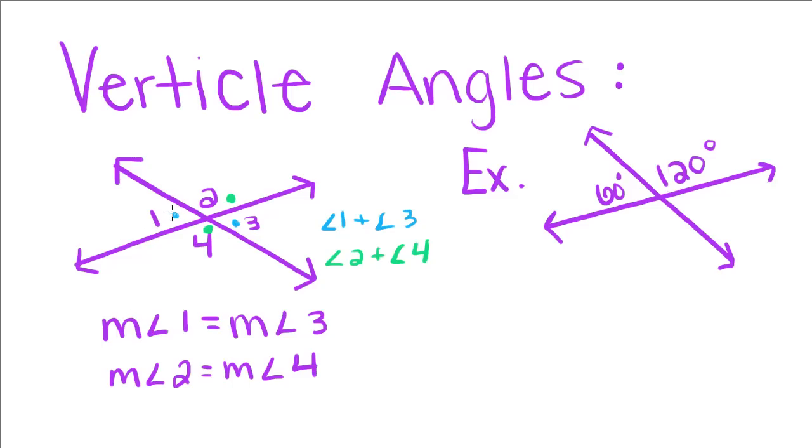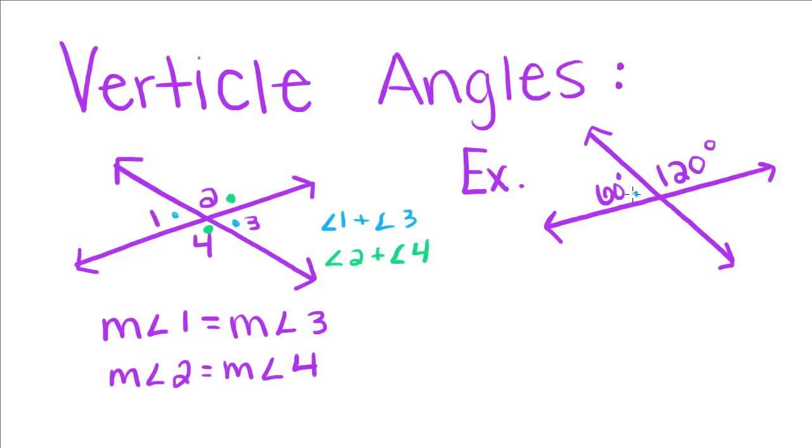So the measure of this angle equals the measure of this angle, and the measure of 2 equals the measure of 4. So over here, we have two angles. We know that this is 60 degrees and this is 120 degrees.